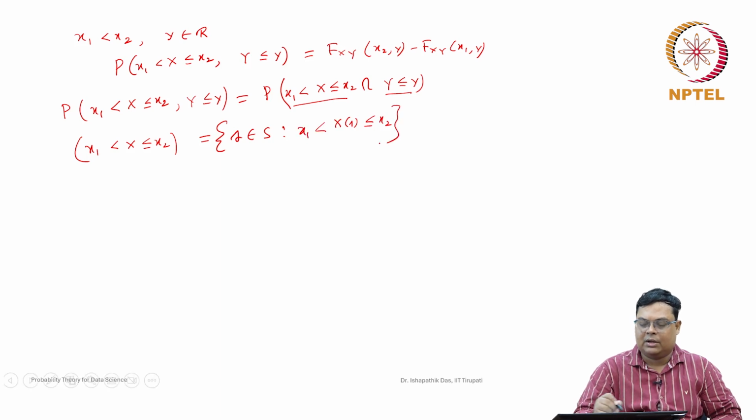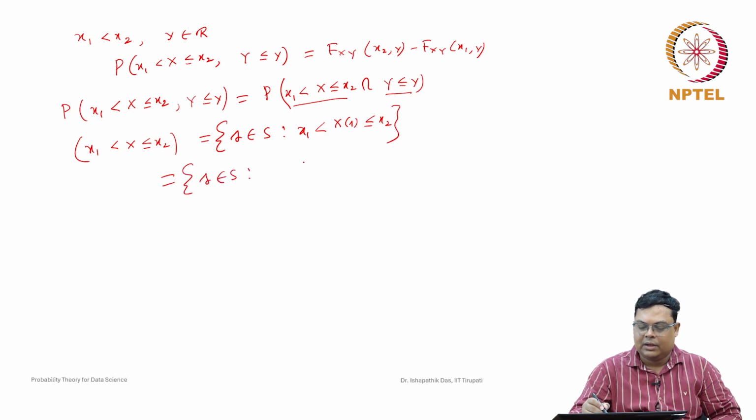This set we can represent as the set of all s in S such that X(s) is less than or equal to x2, minus the set of all s in S such that X(s) is less than or equal to x1.